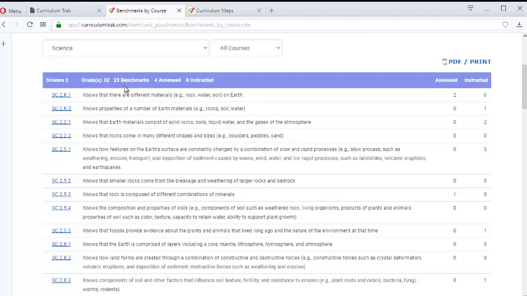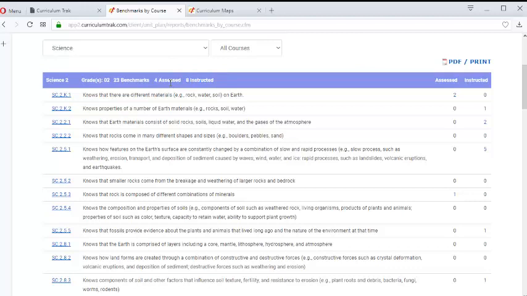Currently, out of those 23, there are 4 that are being assessed or tested on, asking to see some type of evidence that the students have grasped this knowledge. And then there are 8 that are being instructed. Within Curriculum Track, when we say assessed, it's like a hierarchy.